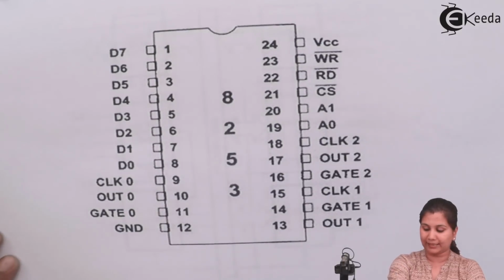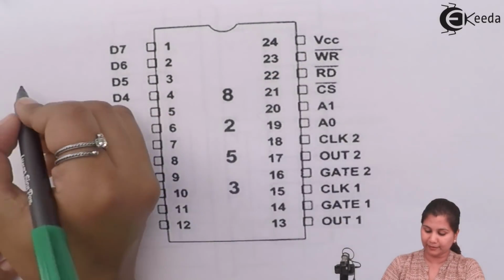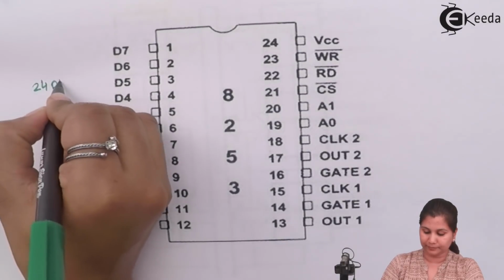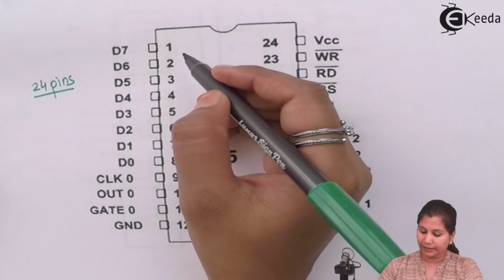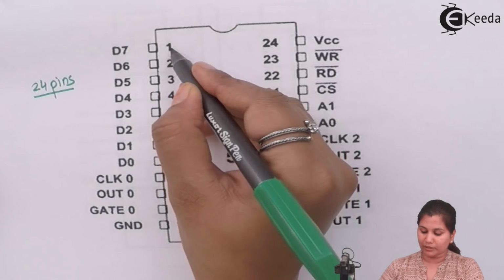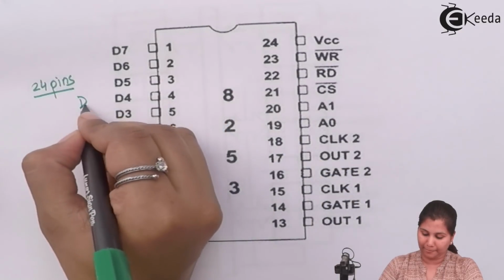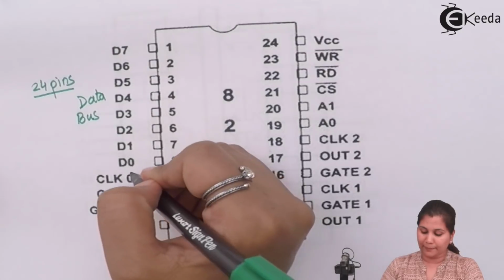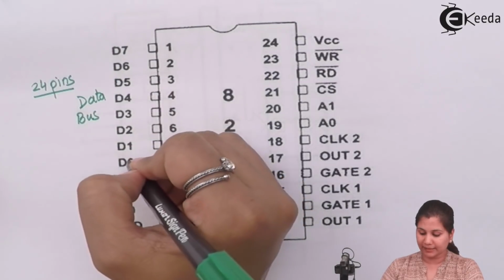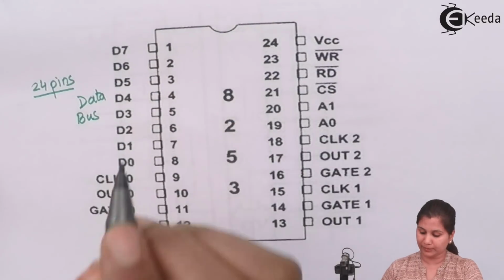You can see that it's a 24 pin IC. Out of these 24 pins, the 8 pins from 1 to 8 are for the data bus. The 8-bit data bus is here from D0 to D7. It is the bidirectional data bus.